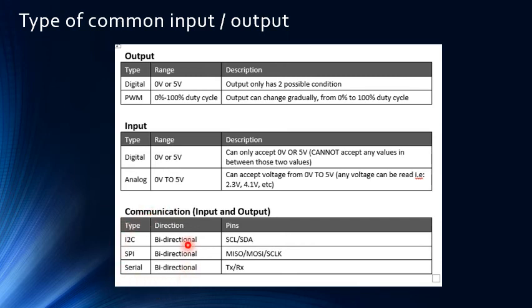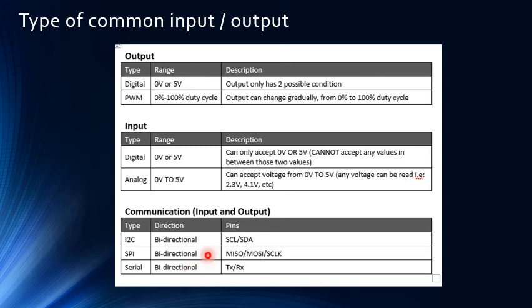This type of pin provides communication if you want to connect your microcontroller to another microcontroller, and you want those two microcontrollers to be able to talk to each other. So in this case, you need the communication pin.